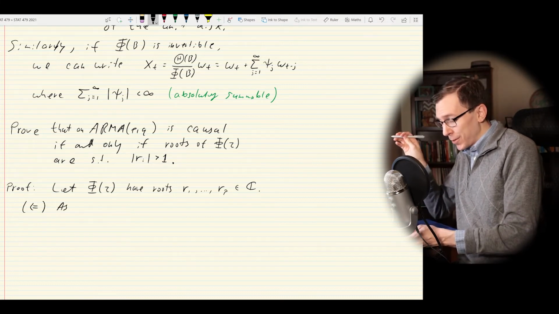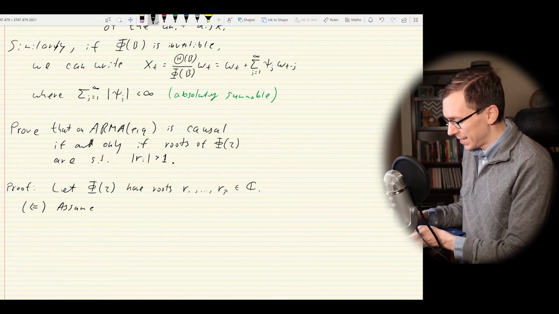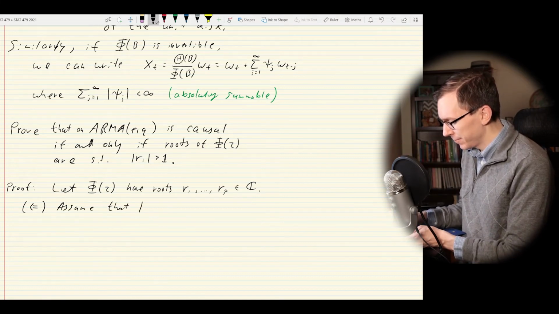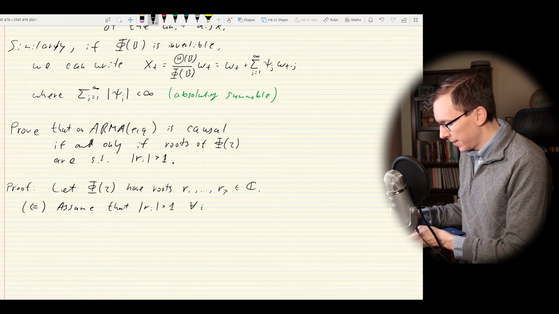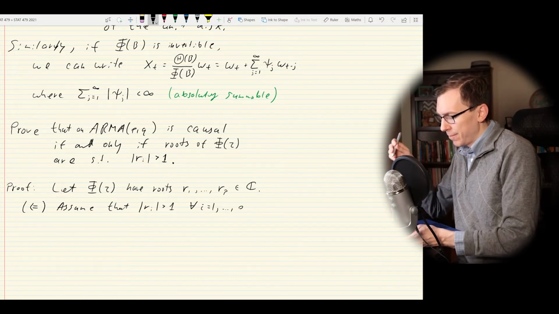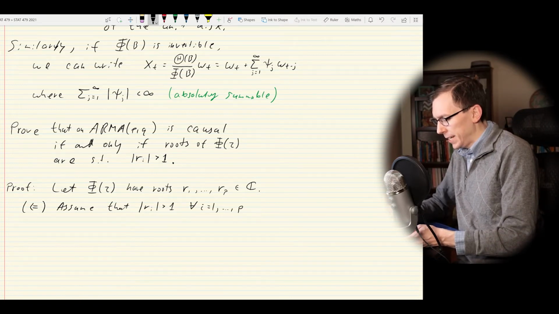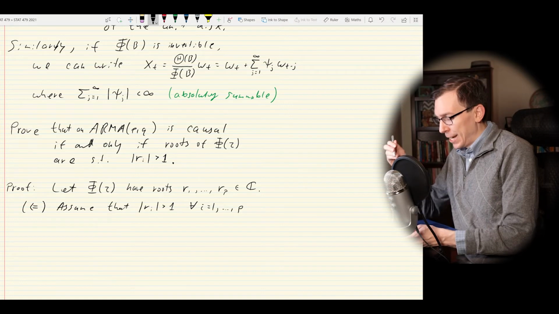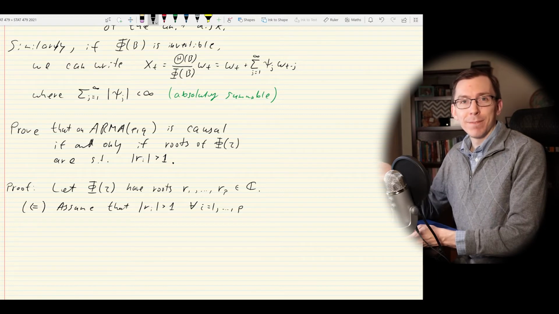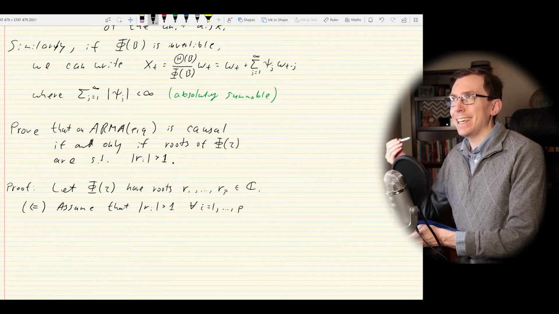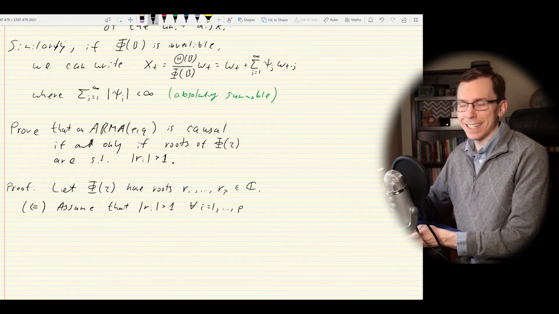So we're going to prove the reverse direction first, which is to say, assume that Ri is greater than 1 for all i, let's say, 1 to p, just to be precise about it. Okay, so let's assume that, and then we want to show that this ARMA process has a representation as a causal linear process.